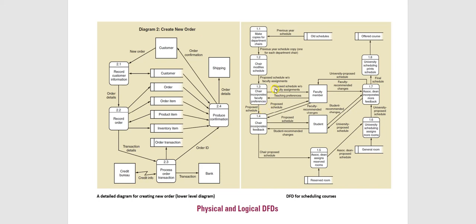So sometimes we can say the alternative approach is that we can have fewer processes because some processes are kind of redundant, right? For example, here the feedback, chair incorporating the faculty preferences, and here also dean incorporating more feedback.